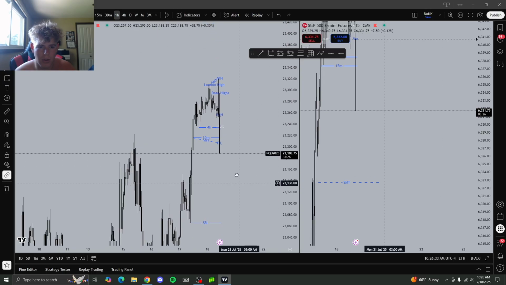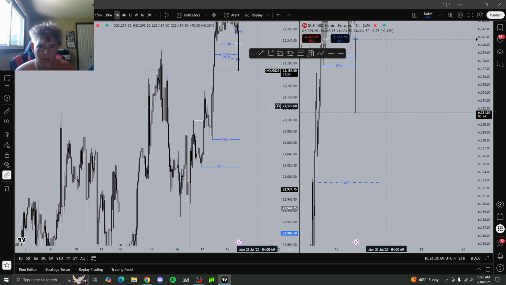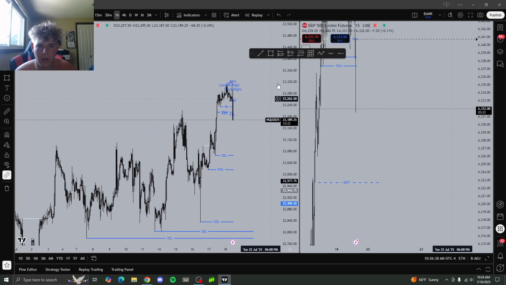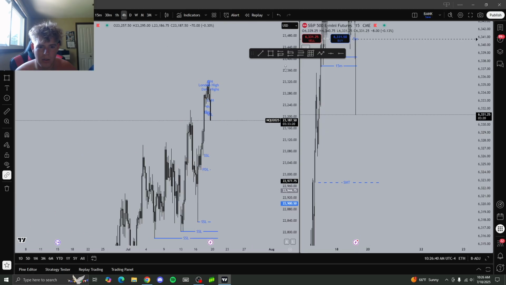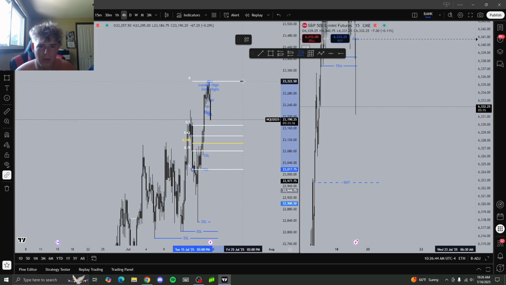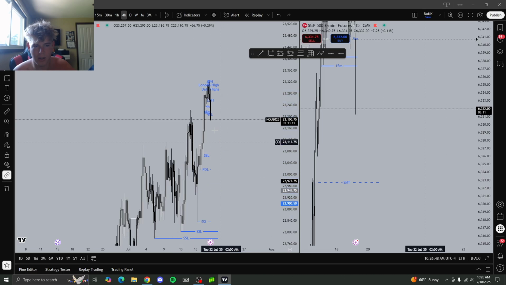So we just came into that. Let's see. I mean, like on the 4 hour range, I mean, the daily candle still not rebalanced. On here, we definitely have not rebalanced.